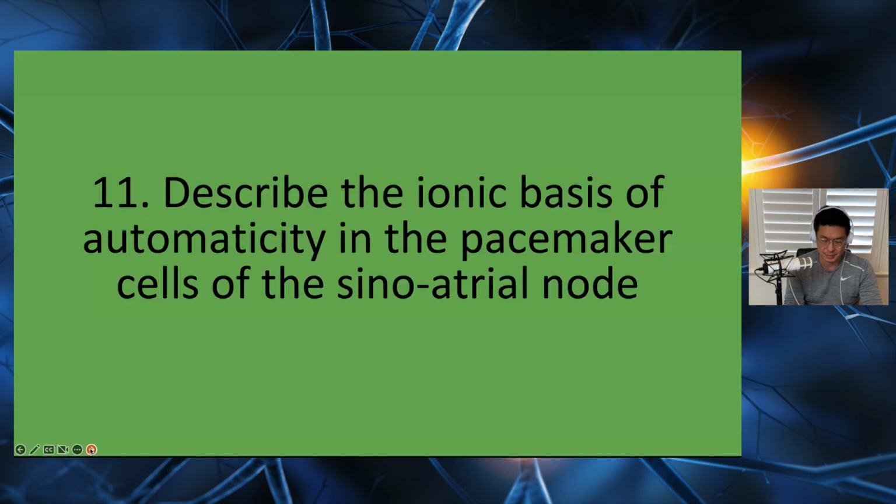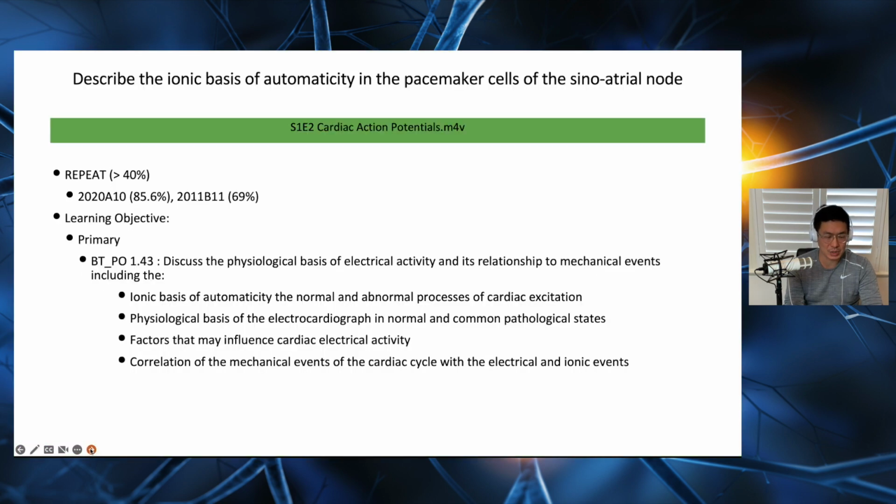Yeah, nice. Number 11. Describe the ionic basis of automaticity in the pacemaker cells of the sinoatrial node. So this was a repeat question, and it's been asked before in 2020 A10 and 2011 B11 with very, very high pass rates. We did cover a portion of it in episode 2, cardiac action potential.